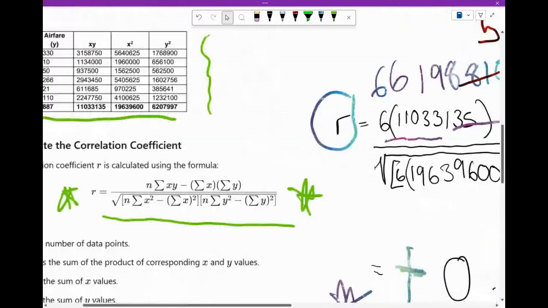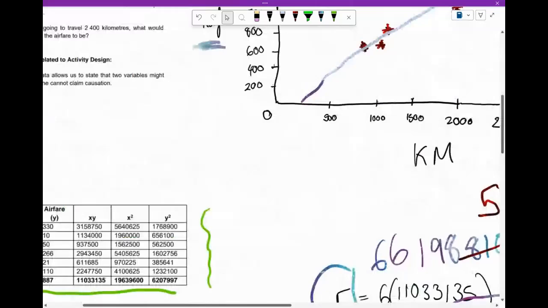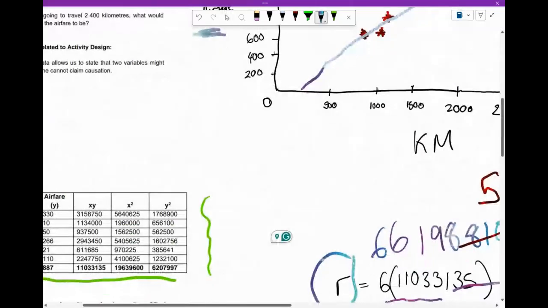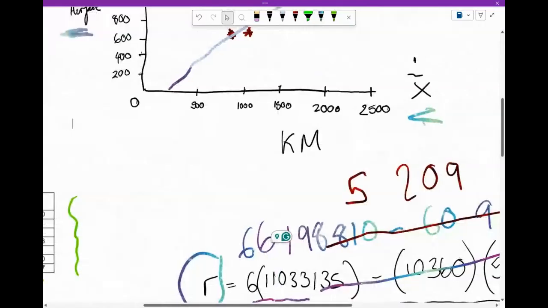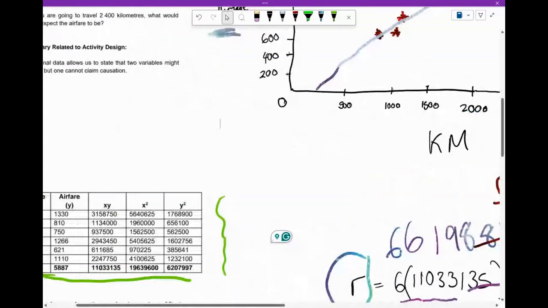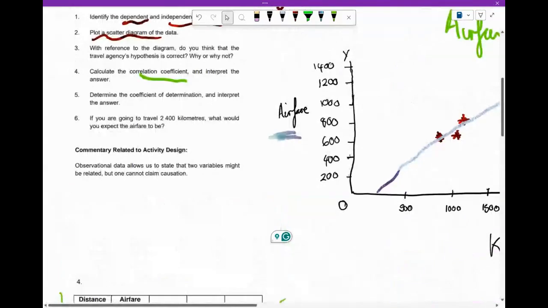Remember, X is the kilometers of how long your flight is, or the distance of your flight. All I was trying to illustrate was the intercept. Remember, the intercept is where your X value is equal to 0 on the graph. What is then your Y?